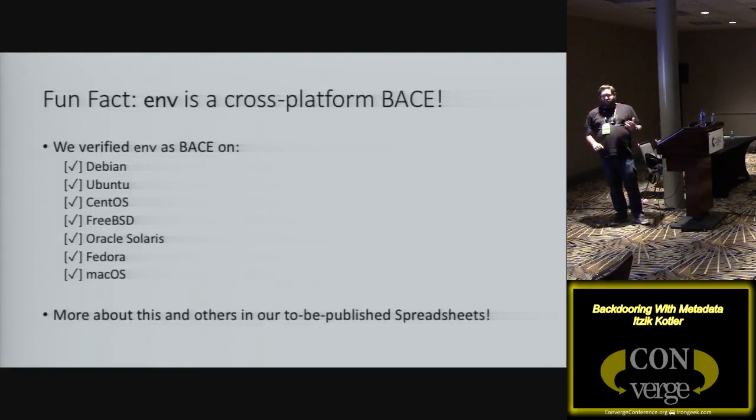A fun fact to understand is that the BAC, the base binaries that I'm presenting today, in certain conditions can be cross-platform. This means that regardless of which CPU architecture you're working with, be it ARM, Intel or AMD, and regardless of which operating system flavor, the example I presented previously, the ENV binary, has been verified in all these operating systems.